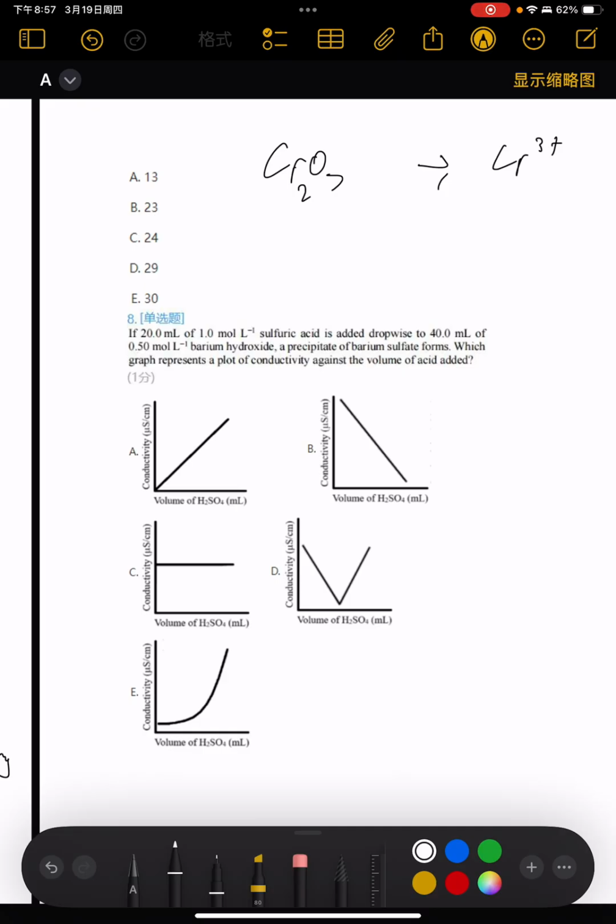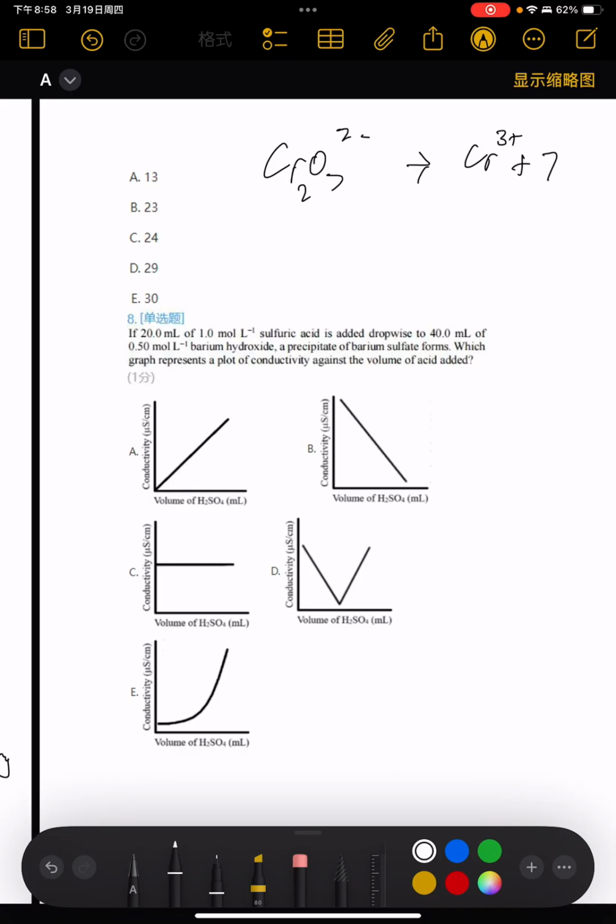Okay, so how we balance this right now is, this is 2 minus, this is 3 plus. So we can see that we're missing 7 O's, oxygens.